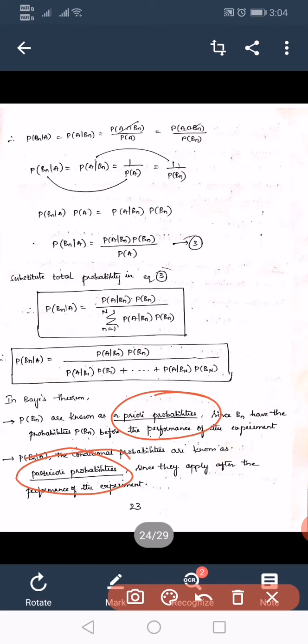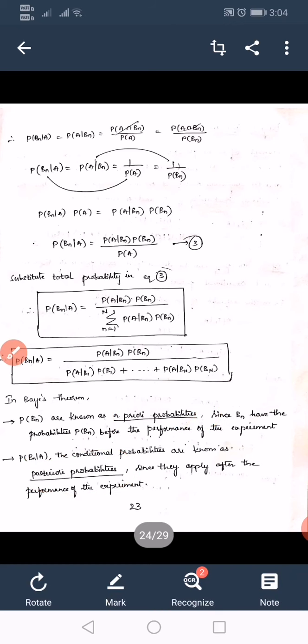Posterior probability means the probability we define after happening of the prior probabilities, based on the outcome of the prior probability. So Bayes' theorem is based on these two probabilities.